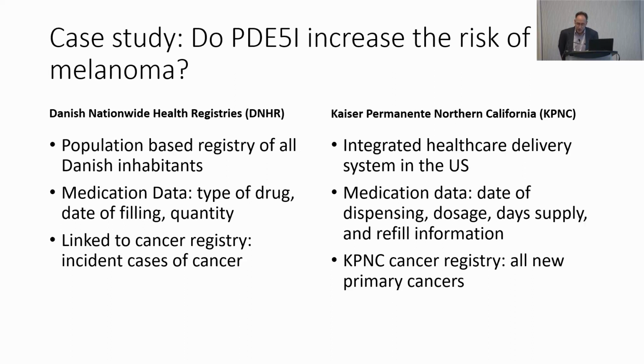However, we still would not have data on adherence or frequency of use of PDE5 inhibitors. Since we're studying melanoma, we will have data on other diagnoses that may be important for the risk of melanoma, but we will not have access to any information or dates concerning sun exposure or sunscreen use. So those are limitations, of course, to keep in mind.